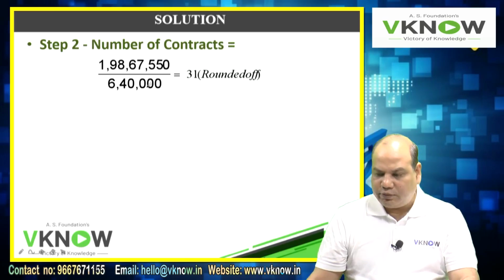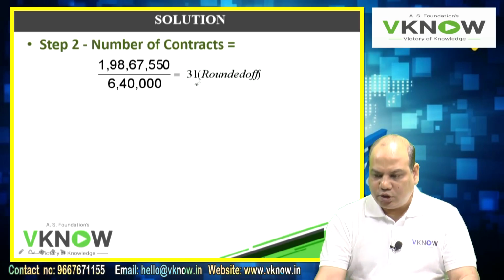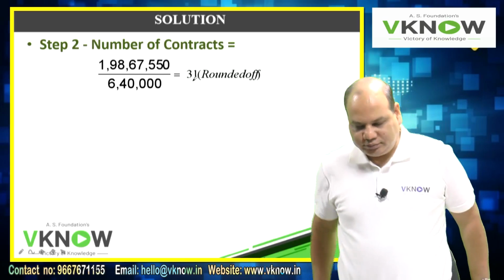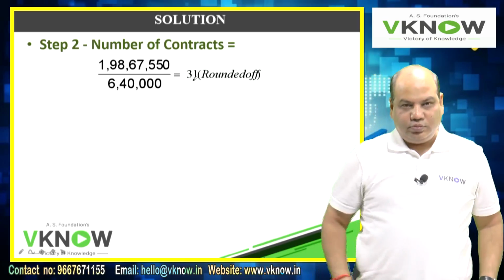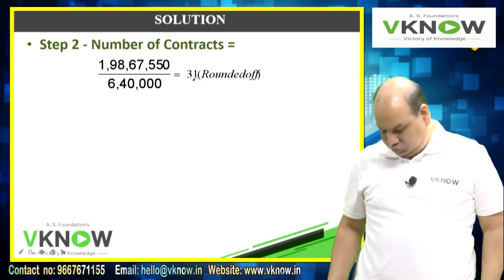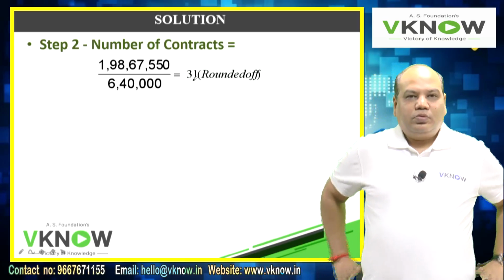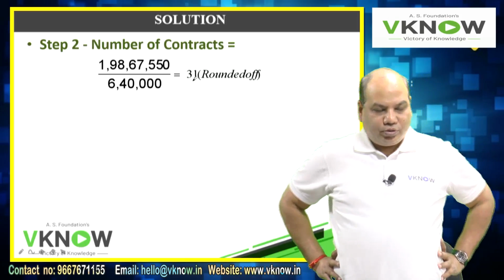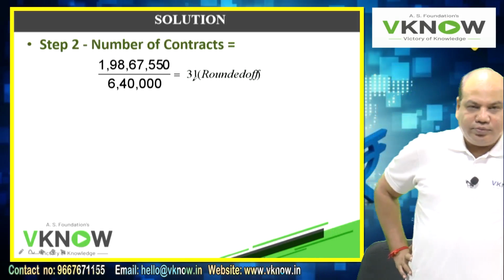You are getting 31.04. Round off to 31. So 31 contracts to be bought.